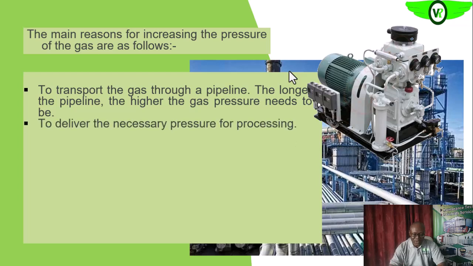The second one is to help deliver the necessary pressure that is required in your process. If it is compressed air, maybe for instrument air, we need to deliver that air to the facility or to our process at a certain pressure. So it is the compressor that will assist us in raising the pressure of the gas.